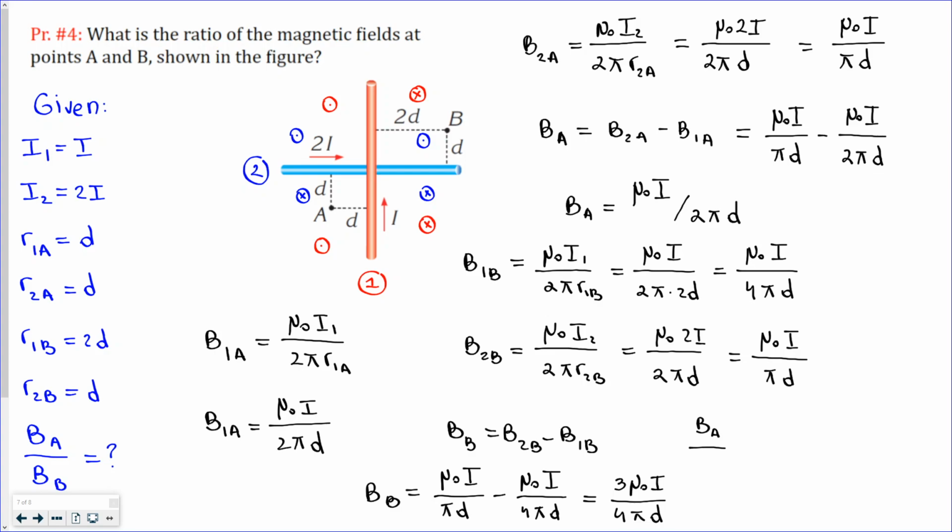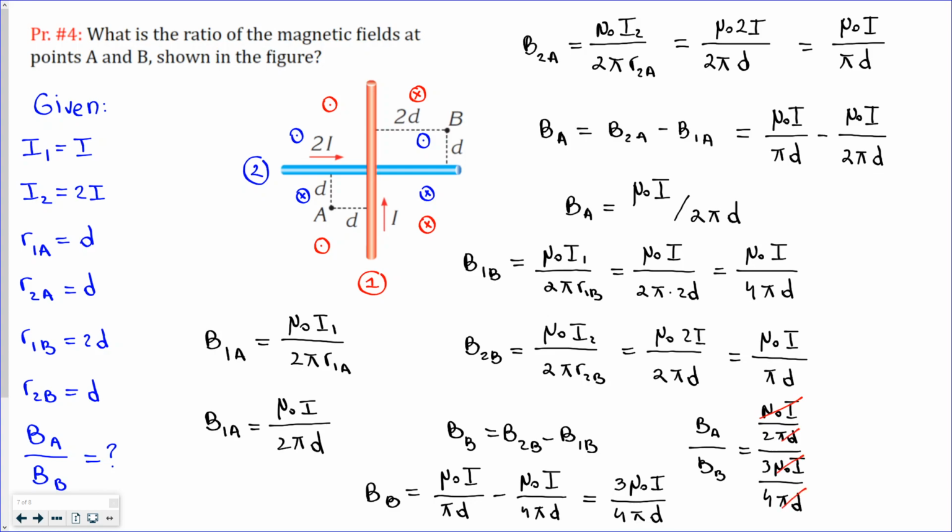B at point A over B at point B is equal to mu 0 I over 2 pi D and 3 mu 0 I over 4 pi D. And we have only numbers.